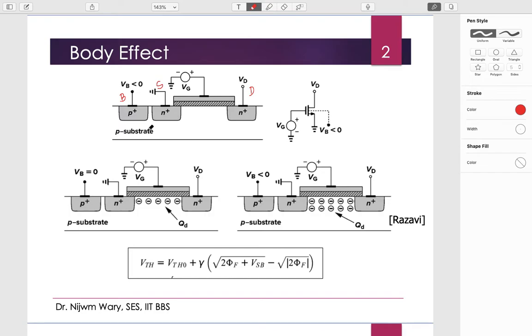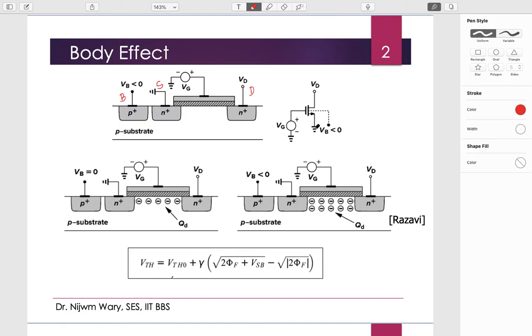There can be a situation where these two nodes are at different potential. Whenever the source and the body are at different potential, the threshold voltage will be modified. It will not be the normal threshold.